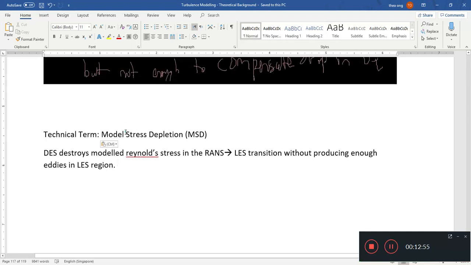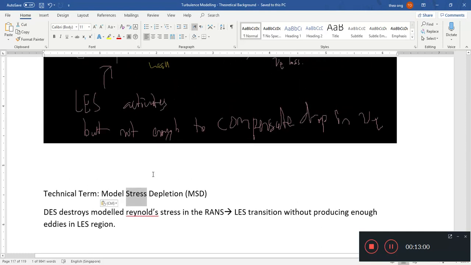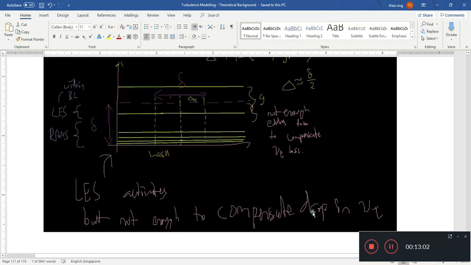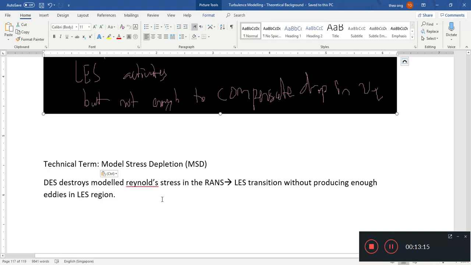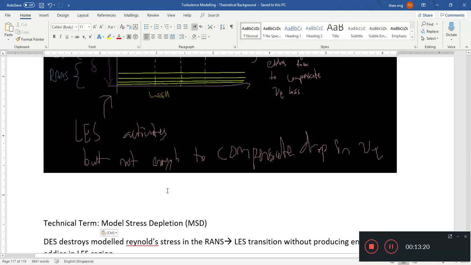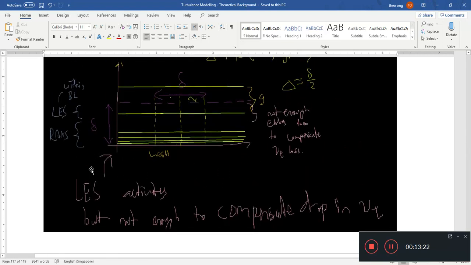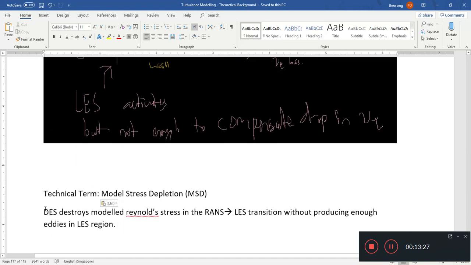Remember the Reynolds stresses, the way we model the Reynolds stresses or the subgrid stresses is with the use of this viscosity. Now when we hop over from Reynolds-averaged Navier-Stokes turbulence modeling into LES, we need to form enough eddies to compensate for this drop in the eddy viscosity or subgrid viscosity. So yeah, that's called model stress depletion.